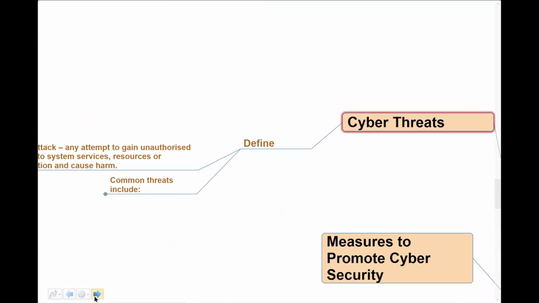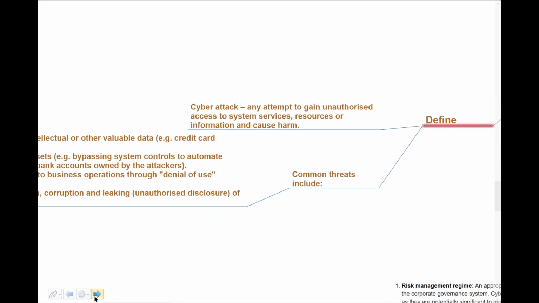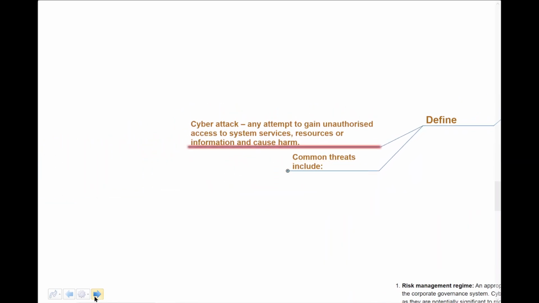Now, we know that this is a popular topic. The whole area of cyber crime, cyber threats, etc., and safeguards has come up several times in the SBL exam since September 2018. Obviously, one of the reasons is that it's very, very topical. You only have to look online to see the number of cyber attacks over the course of the last 1 or 2 years, and significant attacks, absolutely.